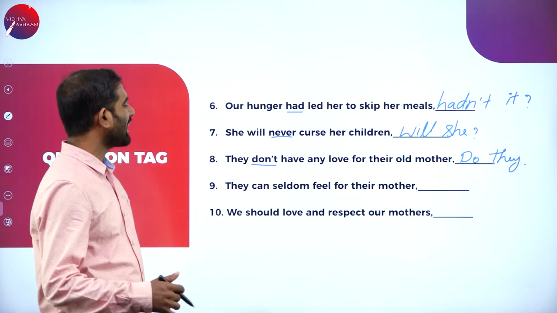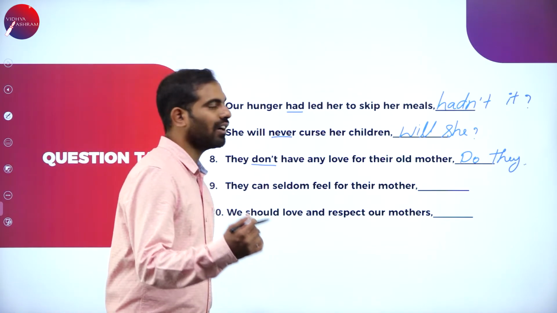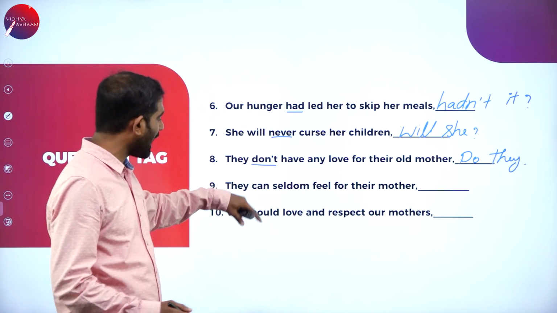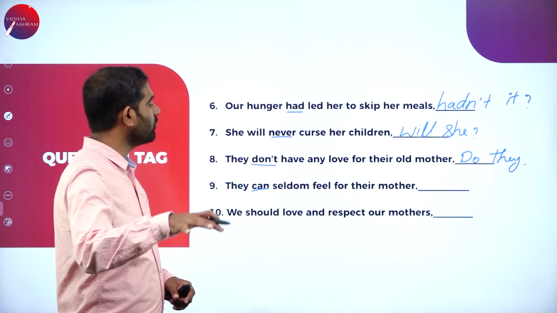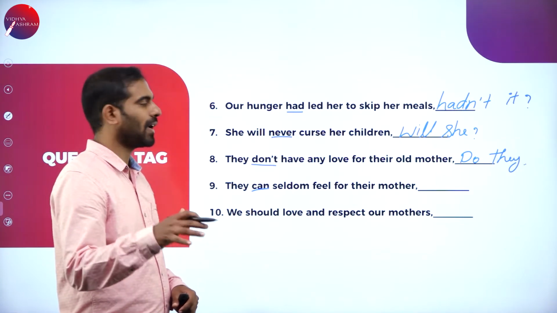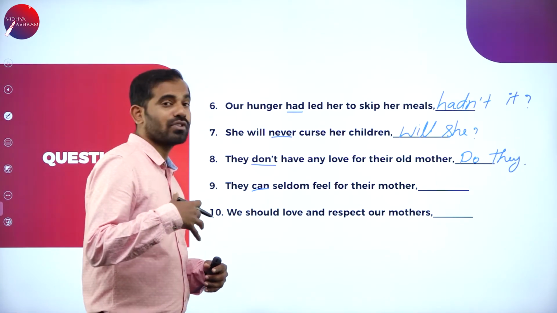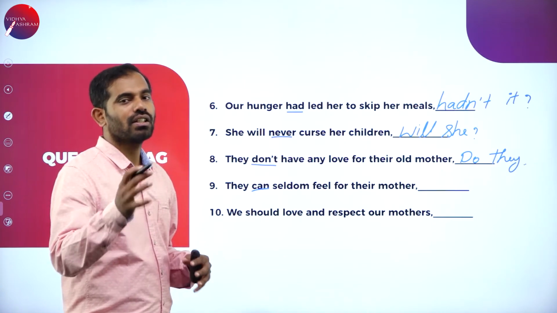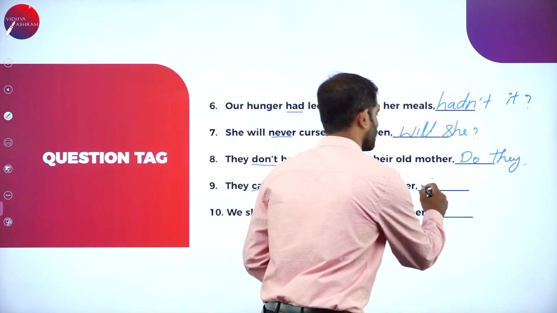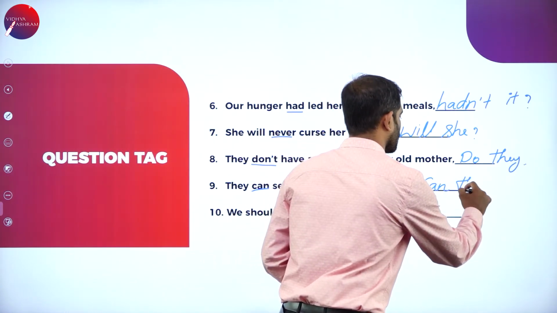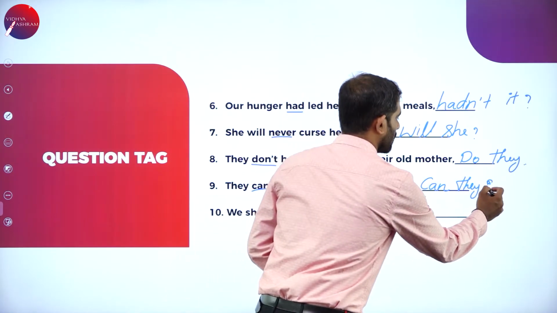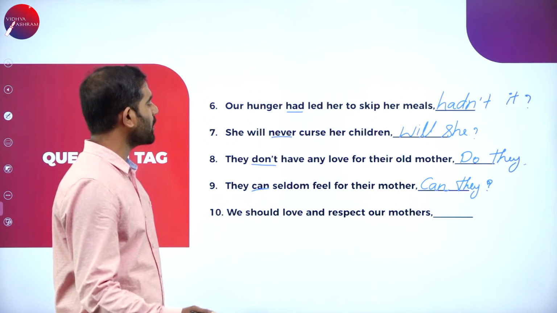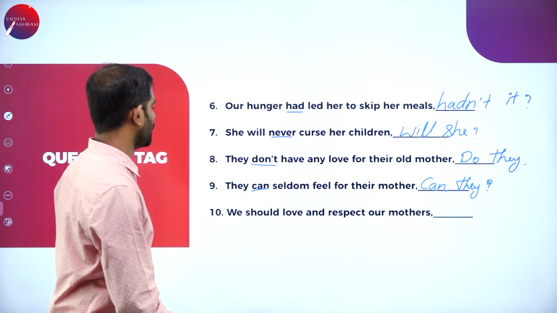Ninth one, they can seldom feel for their mother. They can is the auxiliary verb. They can seldom feel for their mother. Seldom is rarely. So, can they? We should love and respect our mothers.